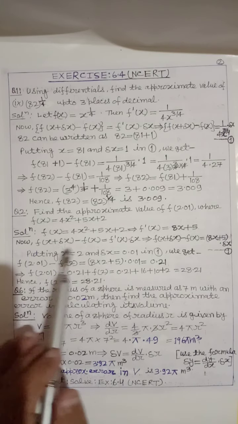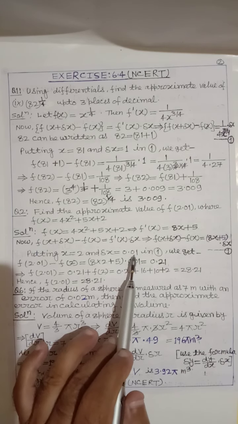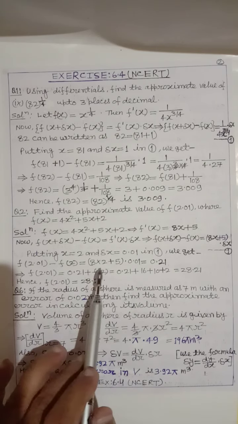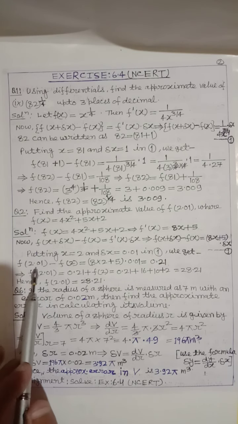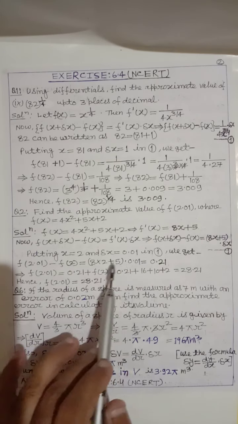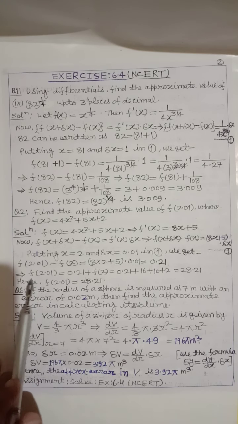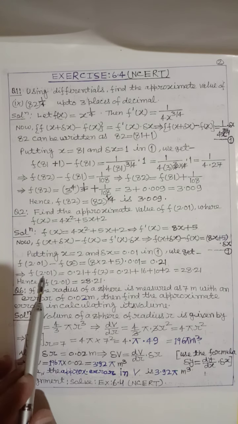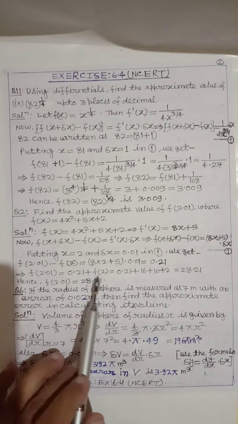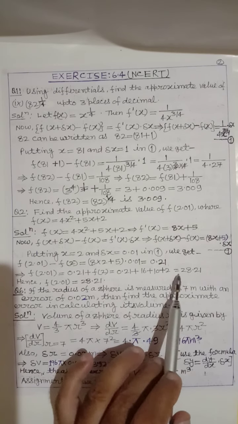Here we put x equal to 2 and del x equal to 0.01 in 1, and we get f of 2.01 minus f of 2 equals, here we solve this, we get 0.21, and this implies that f of 2.01 equals 0.21 plus f of 2, and we solve this, we get 28.21.